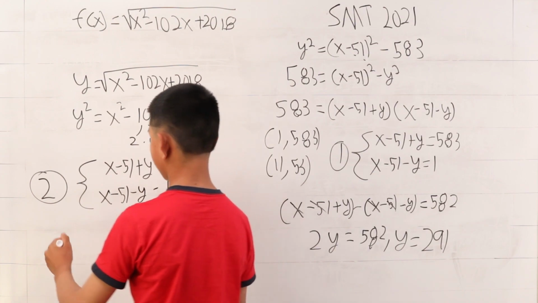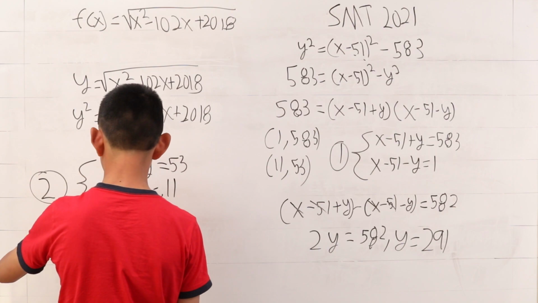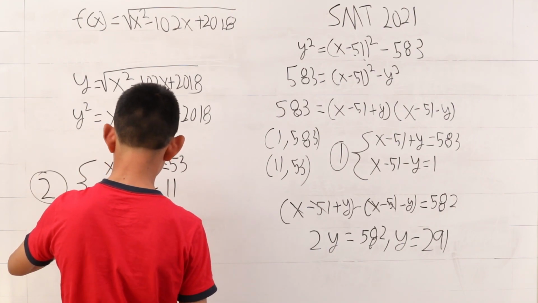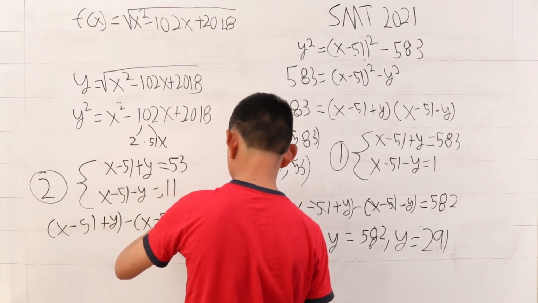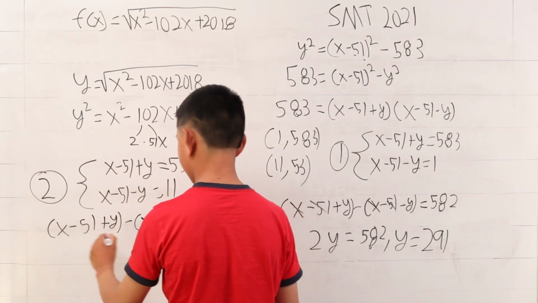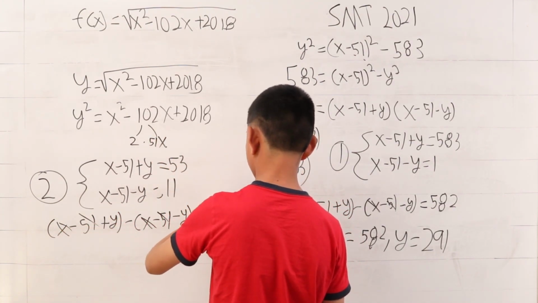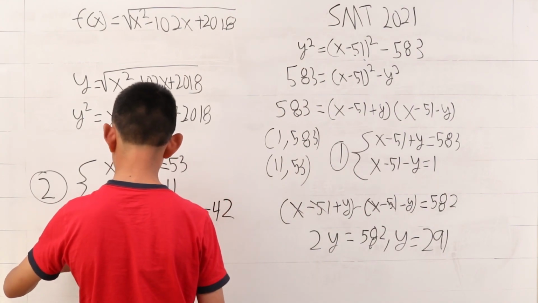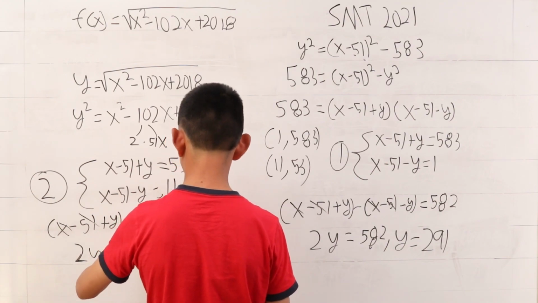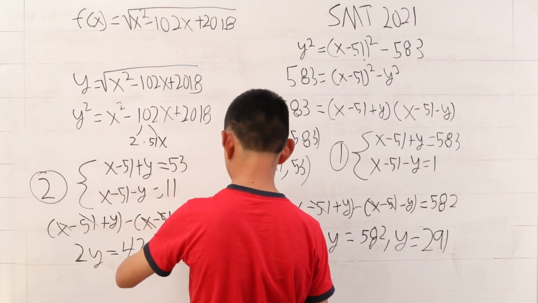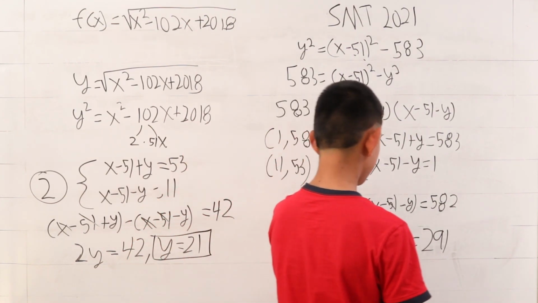We do the same thing, we subtract x minus 51 plus y minus x minus 51 minus y. Once again, these all cancel out. 53 minus 11 is 42. 2y is equal to 42, so y is 21. So we have found our a and b values.